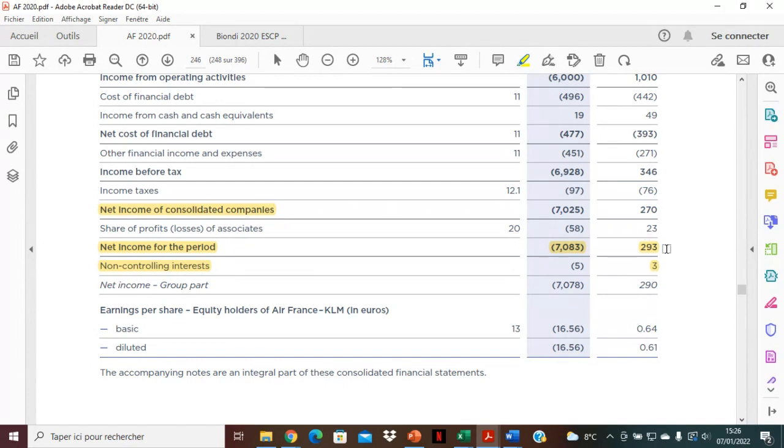Well, that means the 293 million include, of course, all the profits of the subsidiary, but 3 million of those profits belong to other shareholders, do not belong to the parent company. And therefore, I have to deduct them. And what belongs to the parent company actually is only the remaining part, which is 290 million. Okay, so I see the NCI not only in the balance sheet for equity they have provided, but also every year in the income statement, because part of the profits are for them, actually. No?